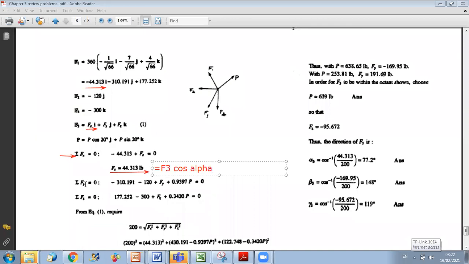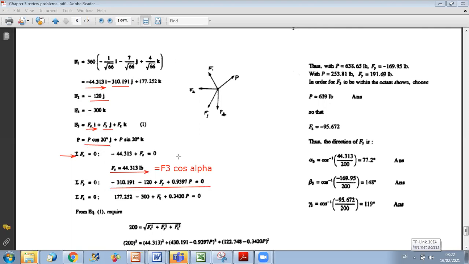Now, if we continue, sum of y. In sum of y, we take the y component of F1, which is minus 310.191. F2 is along minus y, so it's minus 120. For F3, we take F3y. And P has a component along j, which is P cosine 20. So we get the following equation.